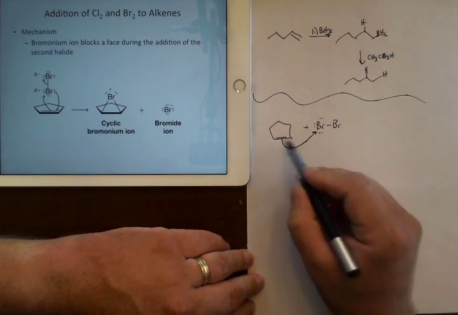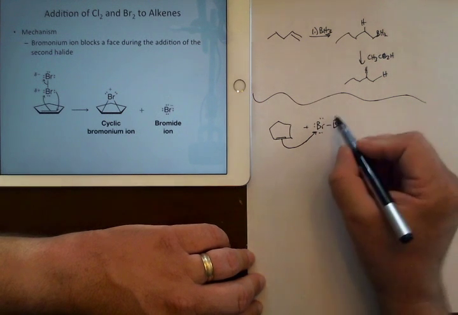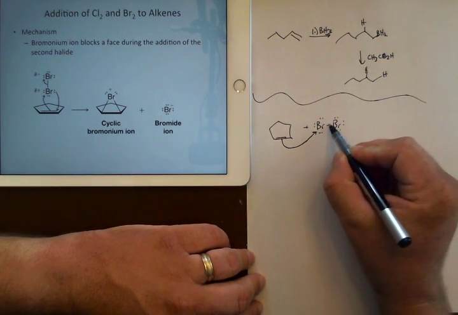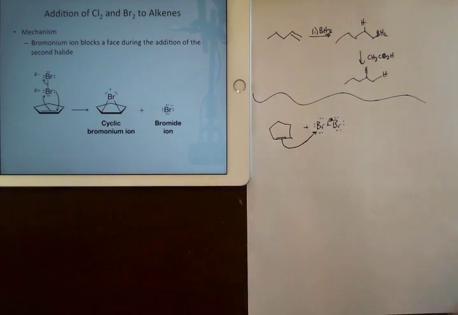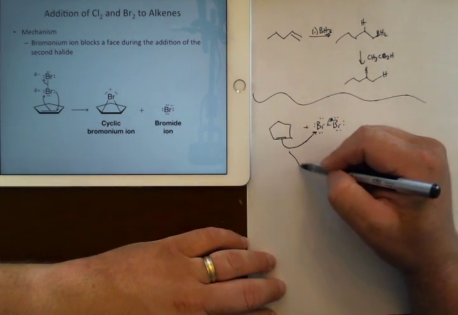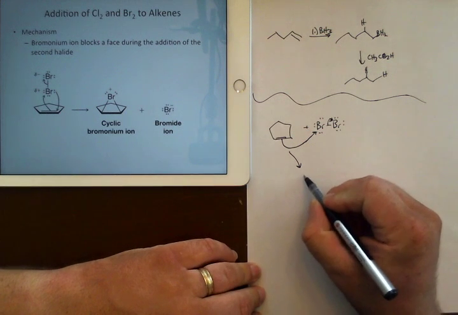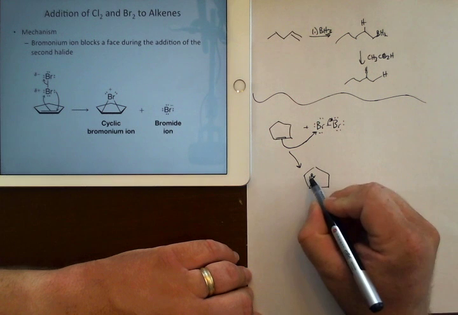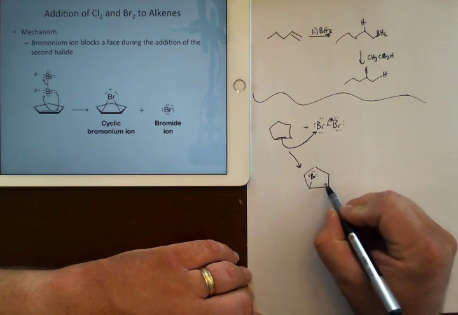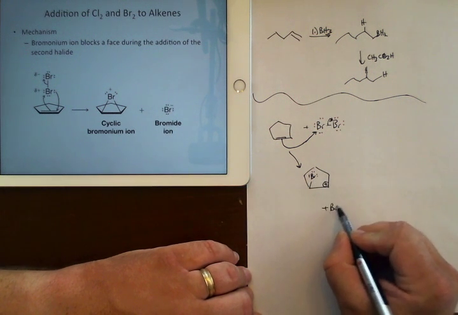We only need one bond to the bromine, so it's got to do something with these electrons, so it'll push them onto the other bromine, just like the way HBr did. It doesn't really matter which side you put it on. You're going to make that carbocation, plus Br minus.